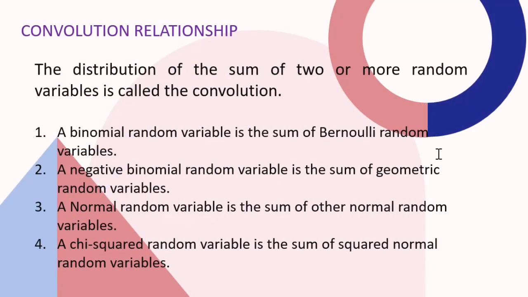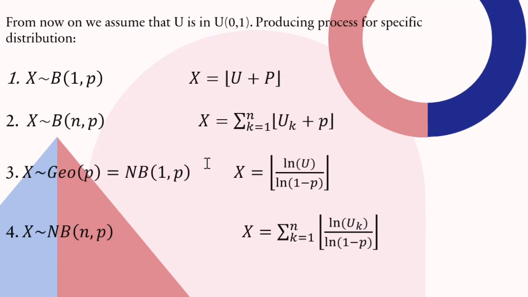The second method that I want to mention here is convolution relationship, and I have here some comments which you can read later, and you can easily pause the video and read these comments. But I want to explain about this equation.